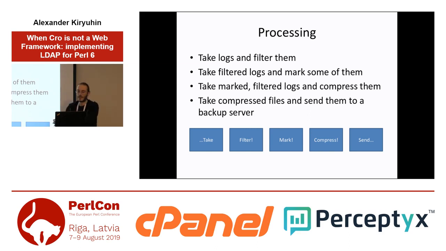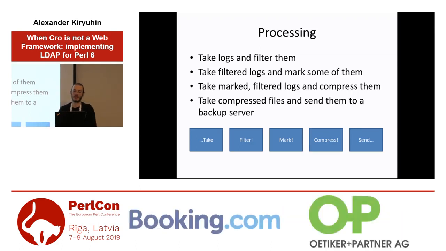For example, we can take some logs in real time and filter them, for example, by category or by, I don't know, level of danger of the log message, and then we can mark or tag them with something, and then we may compress them in some separate files, and then those files are sent to a backup server.